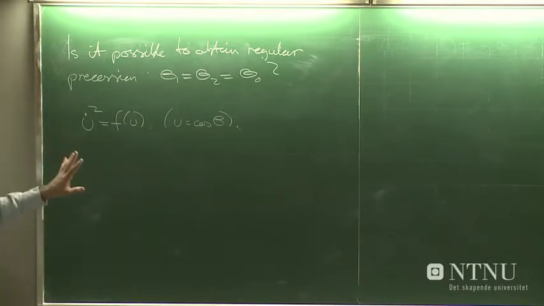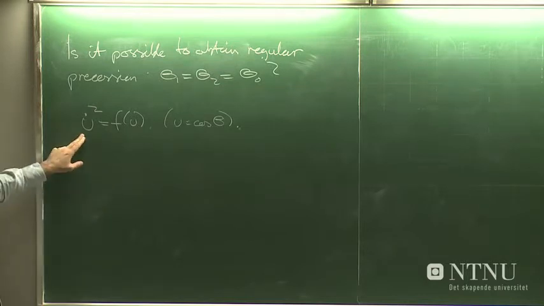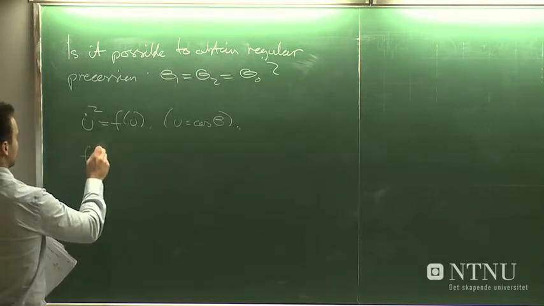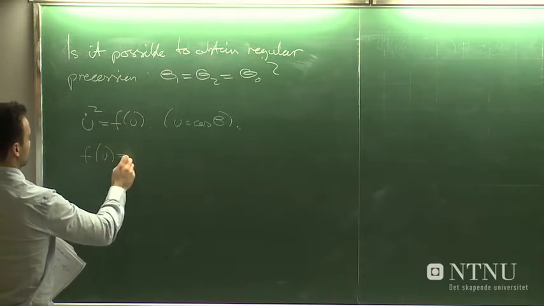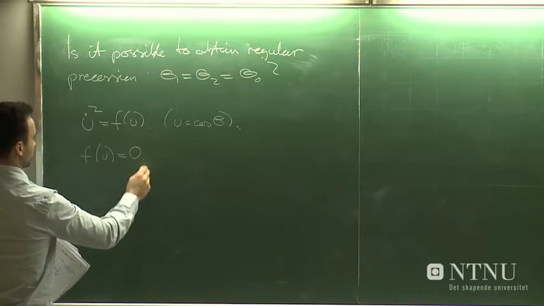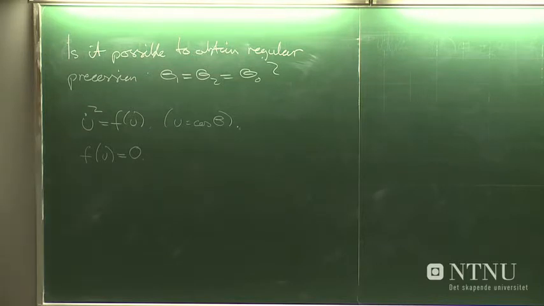So we see that if theta is supposed to be a constant, well then u dot should be a constant. So f of u has to be equal to 0, but it should only be allowed to be 0 for one particular value of theta.